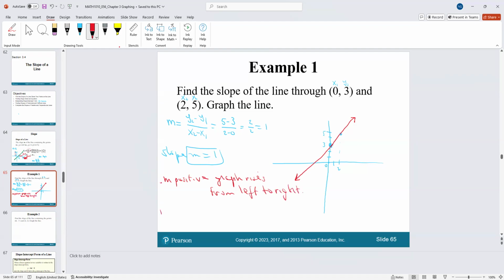Okay. Now M negative, graph falls from left to right. Okay, from left to right. So any time we do that, if M is negative, the graph falls from left to right.